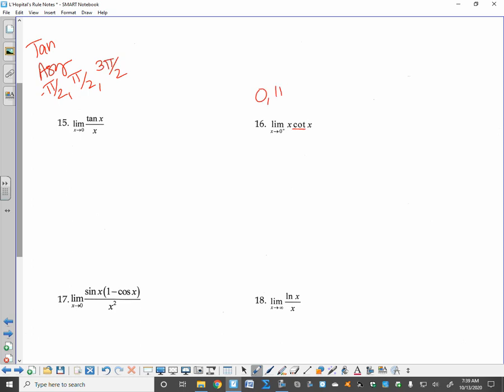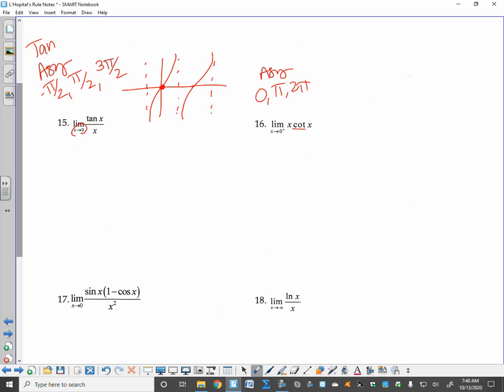Cotangents were 0, pi, and 2 pi. Okay, where am I headed? I'm headed to 0, so I'm not headed to an asymptote. Okay, awesome. So let's remember, if that's negative pi over 2, pi over 2, and 3 pi over 2, tangent wiggled up.